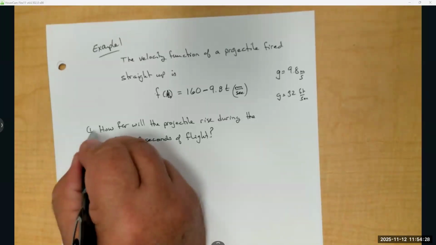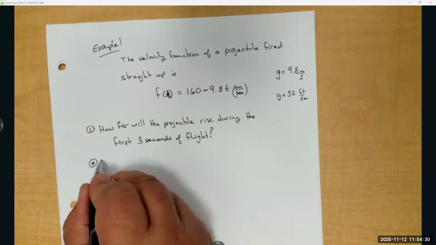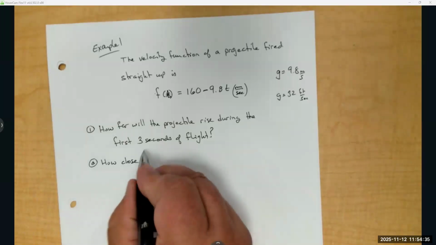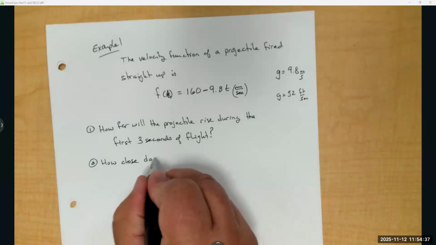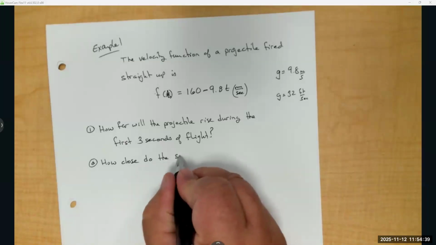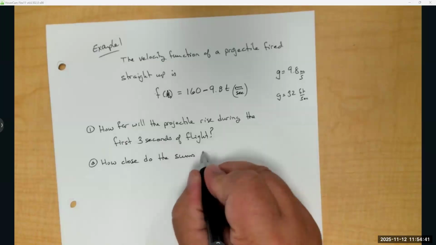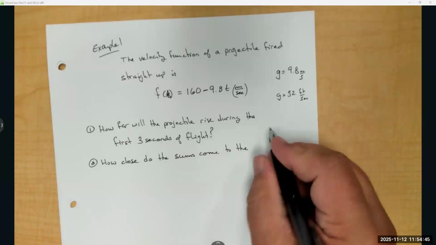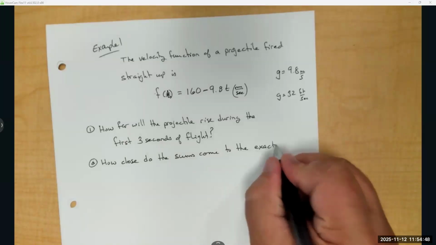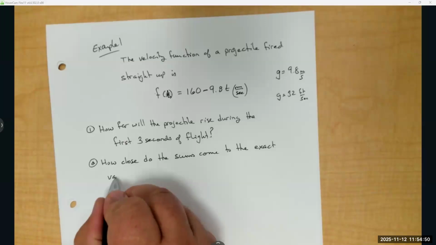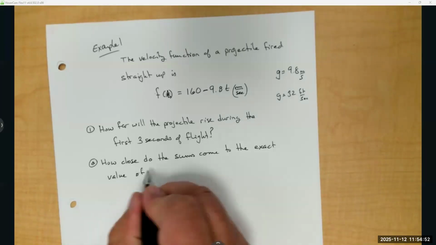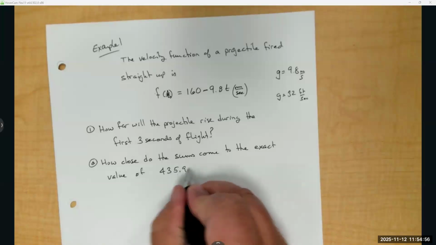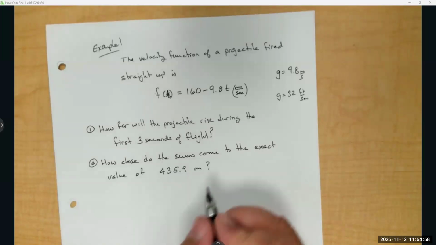That's question 1. Question 2 is how close do the sums come to the exact value of 435.9 meters?